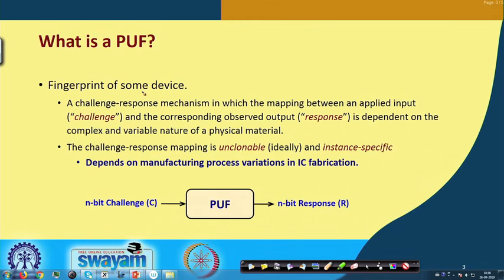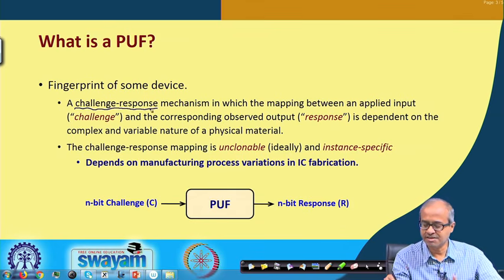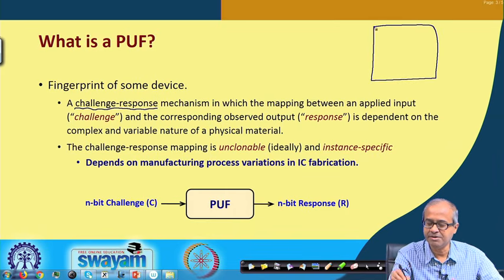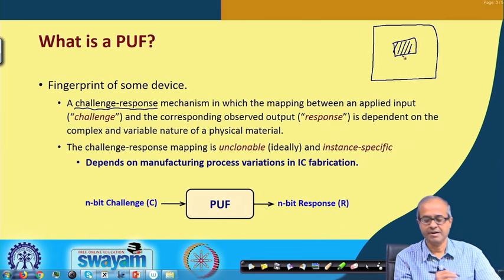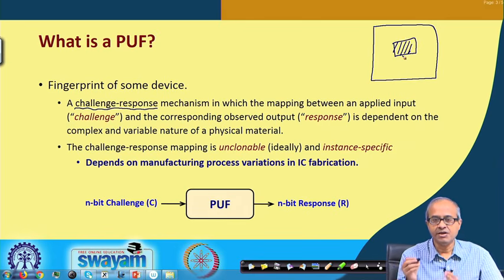Suppose I have this kind of a PUF, and we define something called a challenge response mechanism. The way a PUF works is that suppose I have a chip, and inside my chip the PUF can be sitting in between. Now, when you use a PUF, there is a concept of a challenge and response pair.